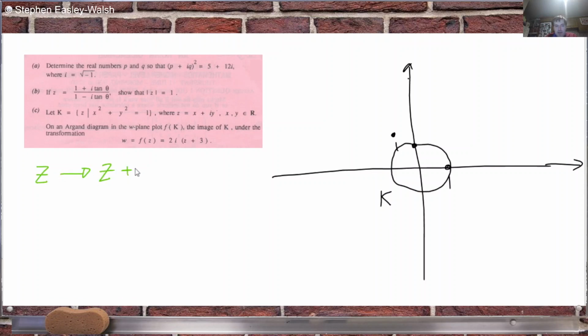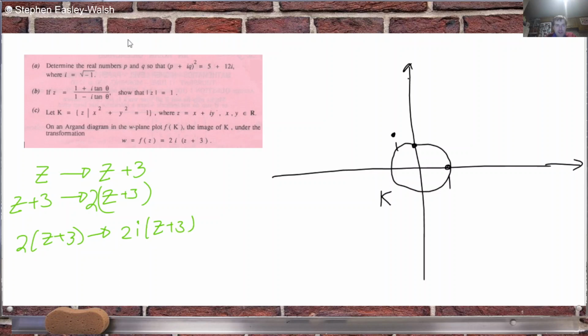And then after you add 3 to it, this is multiplication, so the order doesn't matter. Multiply by 2 next. So then that becomes z plus 3 times 2. And then the last thing you do is you multiply by i. So that's 2i times z plus 3.